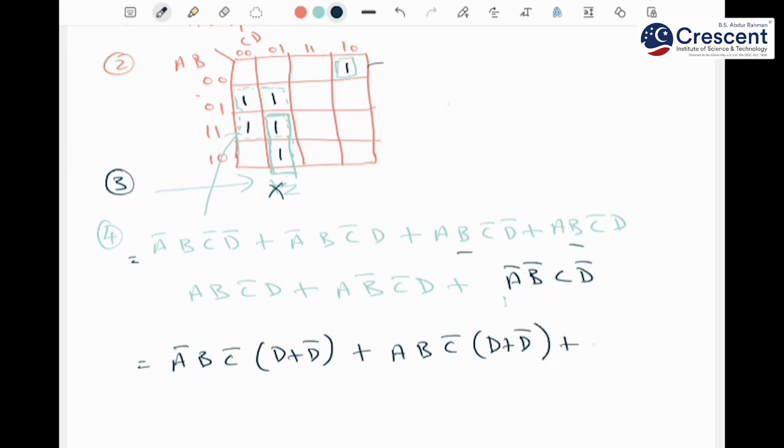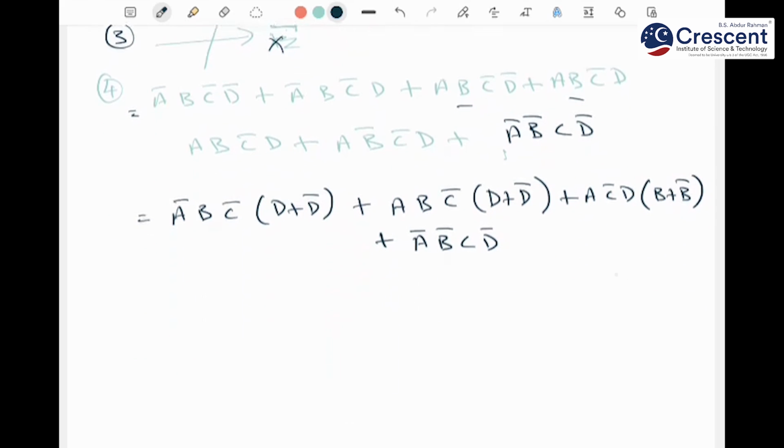Similarly, here we have A, C bar, D into B plus B bar, plus the last term A bar, B bar, C, D bar.